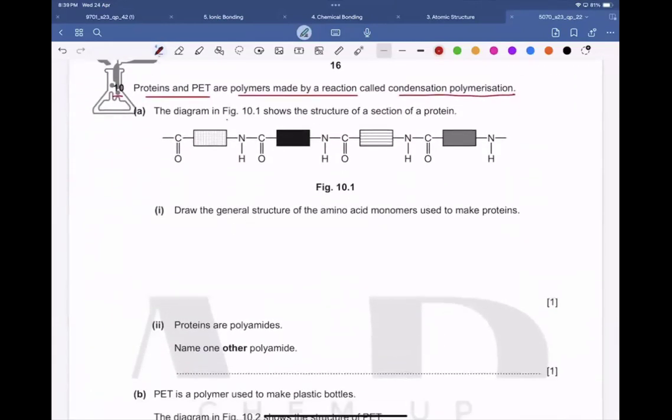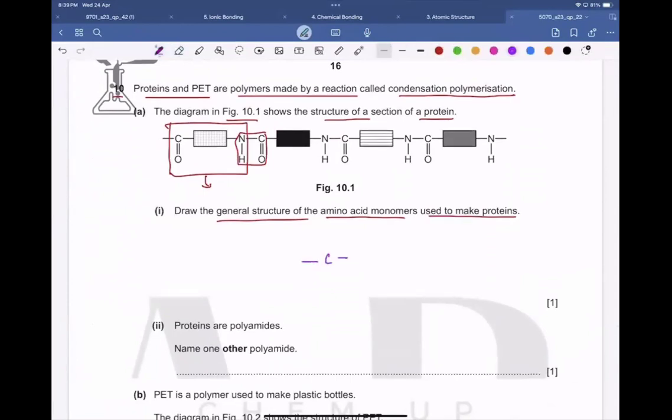The diagram in figure 10.1 shows the structure of the section of a protein. Why is it protein? See, it's an amide link. And if you see, this is going to be the one monomer, the fragment from the one repeat unit. Draw the general structure of the amino acid monomer used to make the protein. So if you recall the general structure, as I have told you, there is a carbon, right?